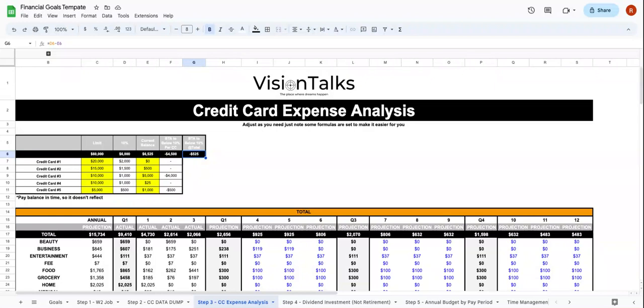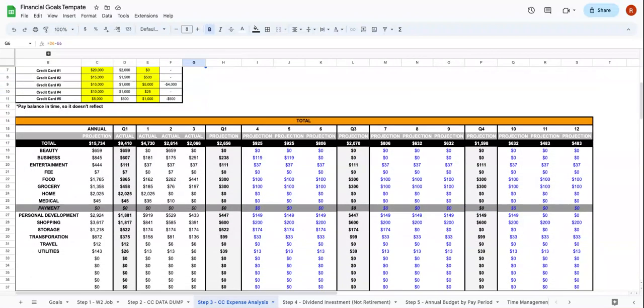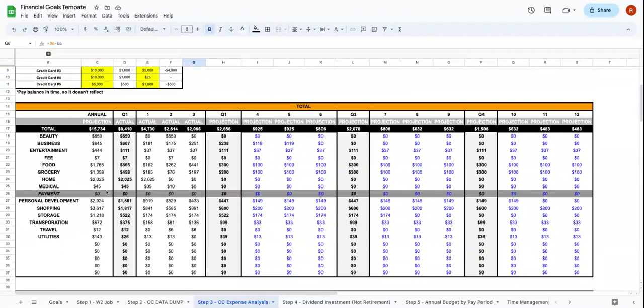As you're scrolling down, this is looking at your total card balances altogether. We've only gotten through month three, so that's Q1 of this year, and this is breaking down the different charges per category, and the categories again are the ones that you chose.